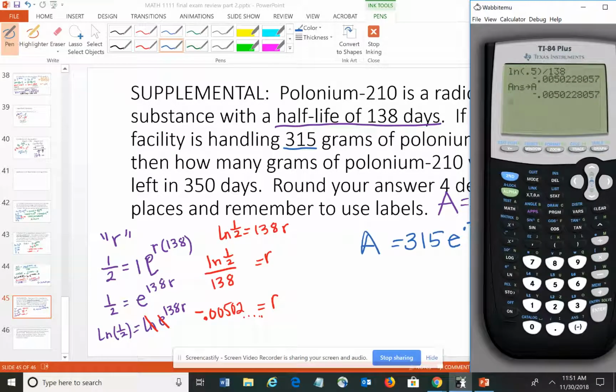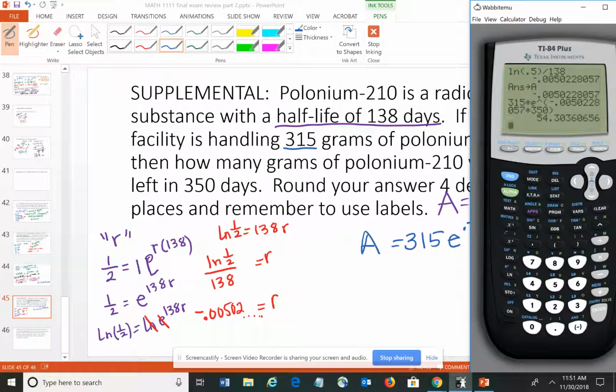So let's do that. We have 315 times, and to get e, it's the blue second button and LN. And we want our rate, so we do recall it. We're going to second, store, I stored it in A, times the 350 days that they're going to hold it.